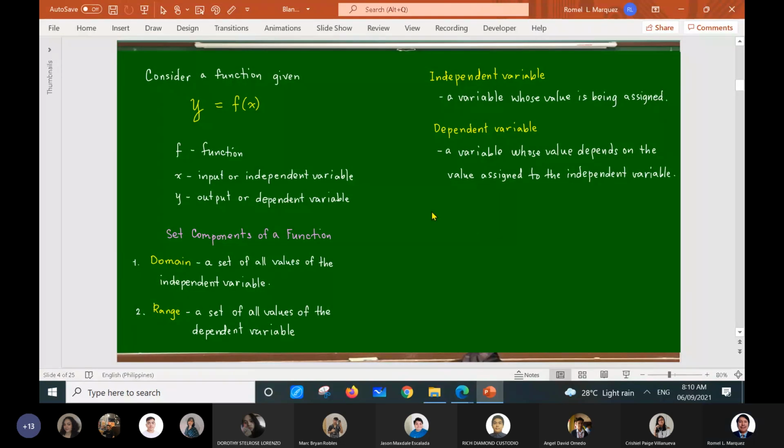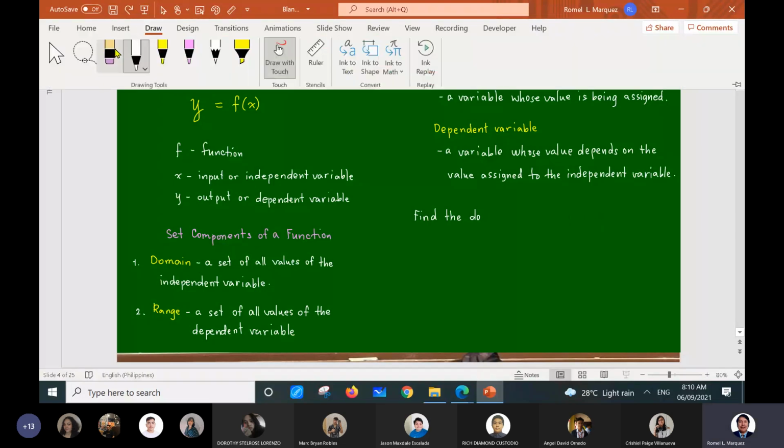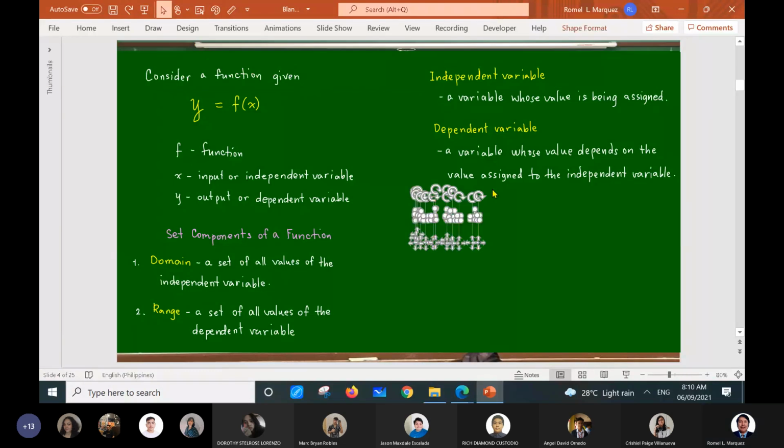So finding domain and range. Let's say we're asked to find the domain of the given function. Let me include the graph, no? Sketch the graph.